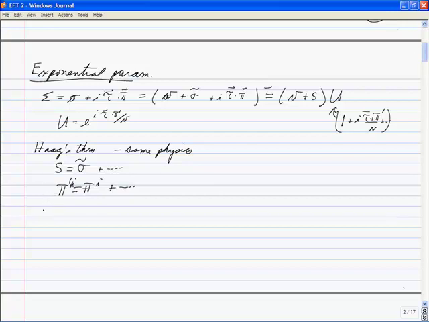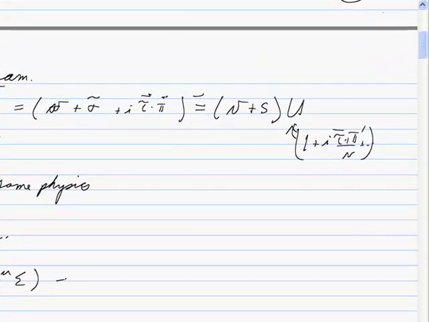Our Lagrangian was previously, what was it? It was 1/4 trace d mu sigma dagger d mu sigma. Then there was a minus V of sigma dagger sigma.